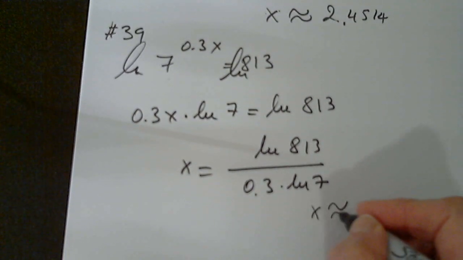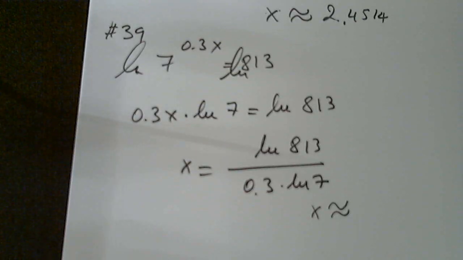Careful how you enter this in the graphing calculator, because they're all products, so you could skip certain steps, but I recommend natural log 813, close, divide, and put the denominator in parentheses: 0.3 times natural log 7. Close, close. Press enter.